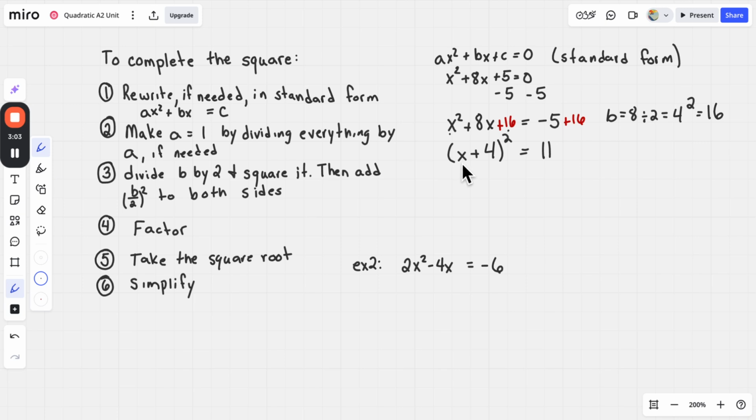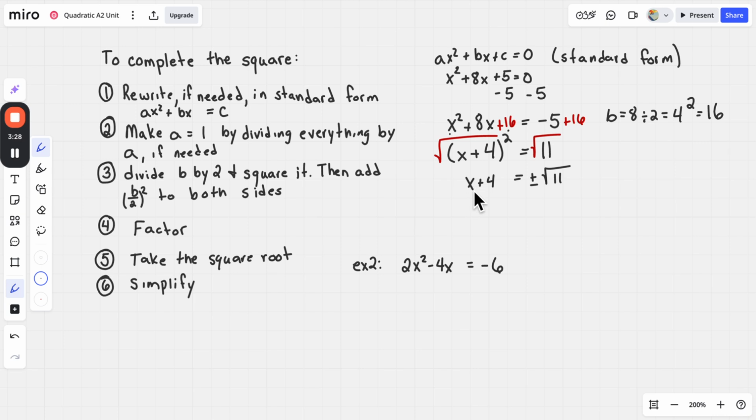All right, now we have a square equal to a number, so we simply take the square root of both sides. That gives us x plus 4 is equal to positive or negative square root of 11. But we're not quite done yet.